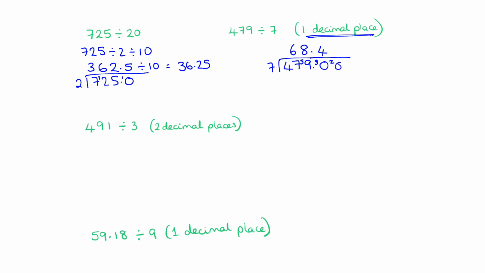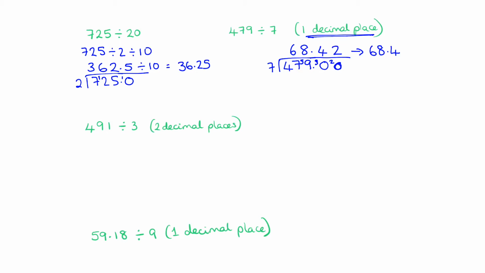Okay, so we need the extra 0. Oops. 7 into 20 goes twice. And then we could do our carry in there, but we only needed that other decimal place. So we can see that 68.42 to one decimal place would be 68.4. But dividing by 7, unless it's in the 7 times table, it's going to go on and on and on.